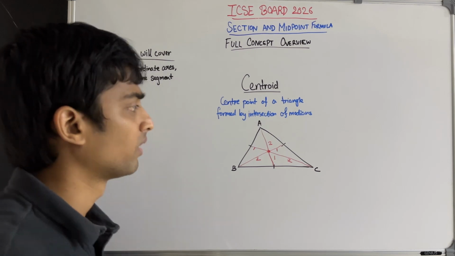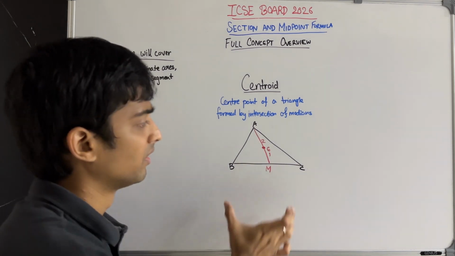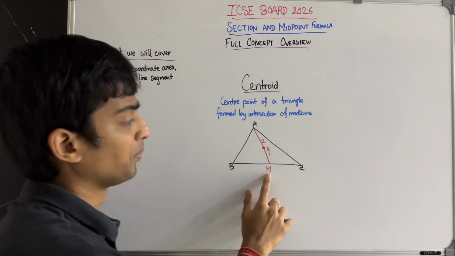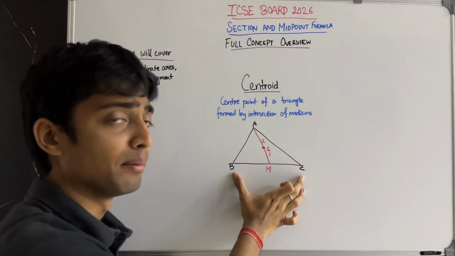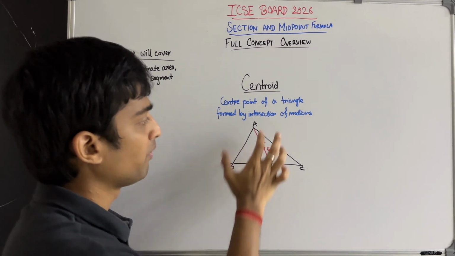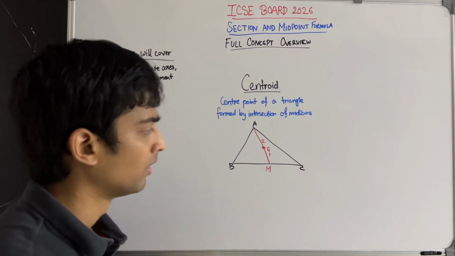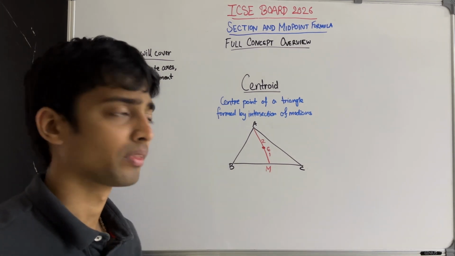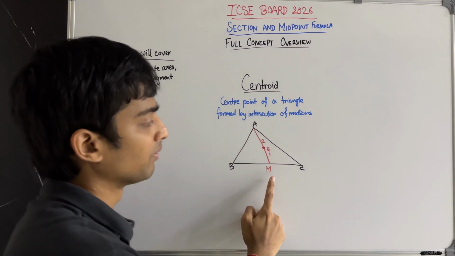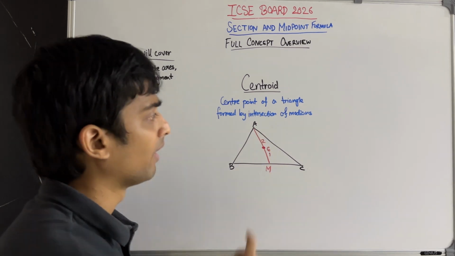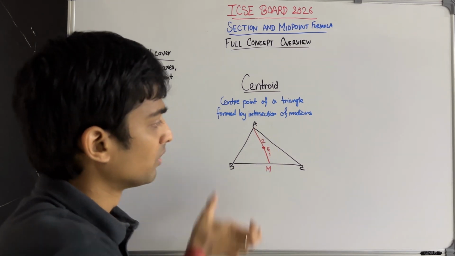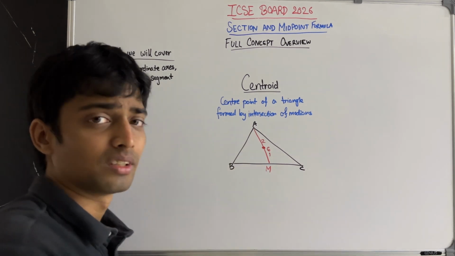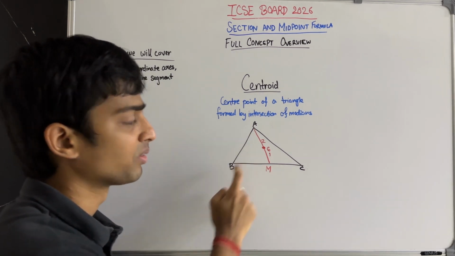Let's do one thing. Let's focus on one line. Let's say this is a median, one of the medians of the triangle, where this will be the midpoint of the line BC. So if we have all the 3 points of a triangle, we can easily find the midpoint of BC by using the midpoint formula. Now we have the point A, we have the point M. So this line, to find the centroid, we have to use the section formula, where the ratio would be 2:1.